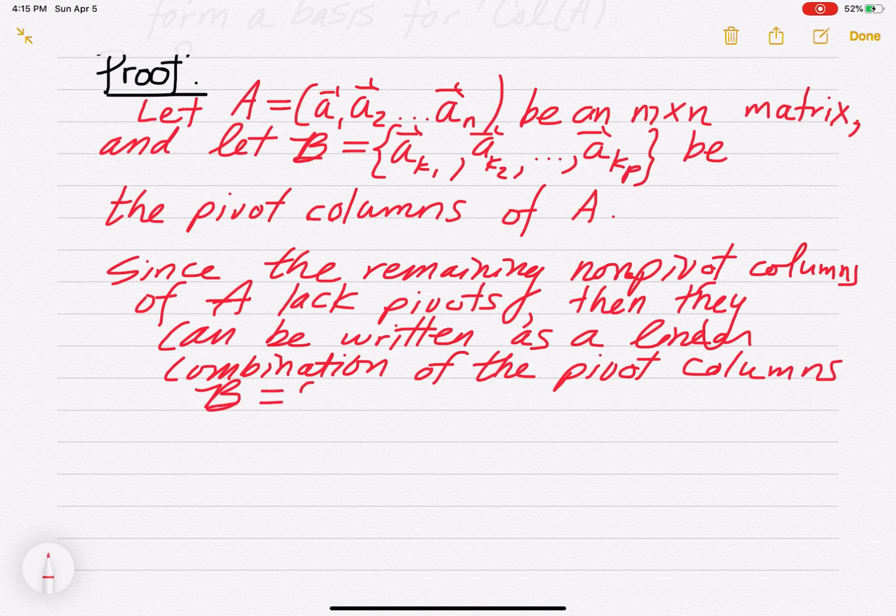B, right, which consists of AK1, AK2, and so on, AKP.